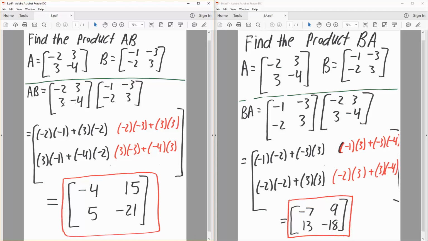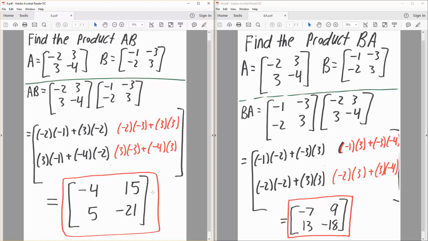Just to recap, 3 times -1 plus -4 times -2. And the last one will be 3 times -3 plus -4 times 3. So 3 times -3 plus -4 times 3. And this one will be right here.